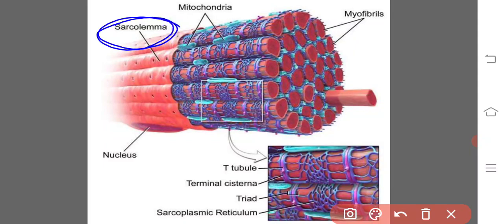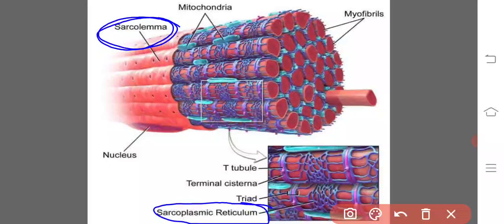The nucleus of the muscle fiber is known as the sarcode. The mitochondria of the muscle fiber is known as the sarcosome. And the endoplasmic reticulum, which is present inside the muscle fiber, is known as the sarcoplasmic reticulum.